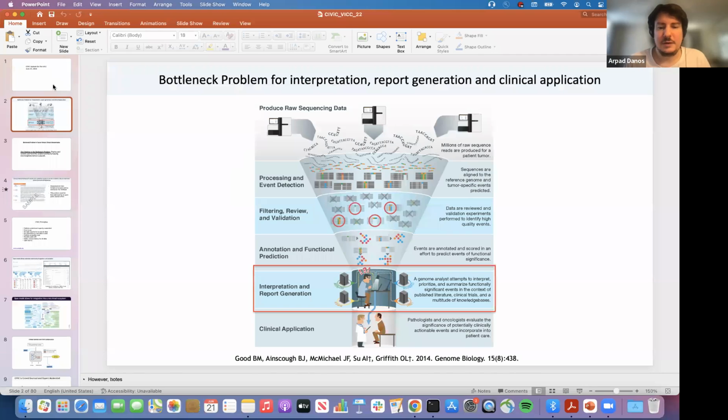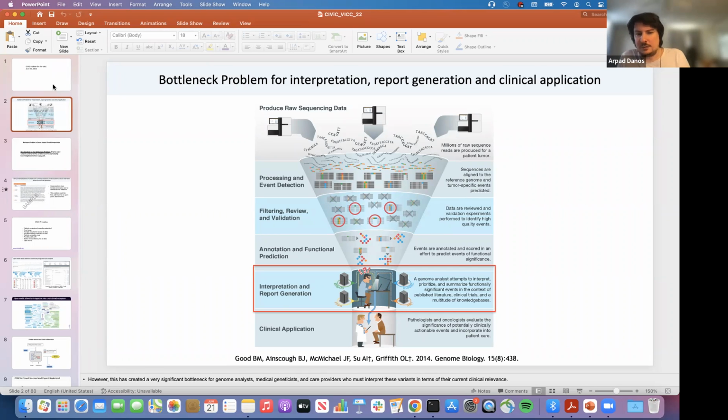But briefly, CIViC is a project meant to address the bottleneck problem for variant interpretation, which occurs as next generation sequencing techniques have been built into the clinical workflow. Having a large number of variants to interpret can slow things up in clinical practice.